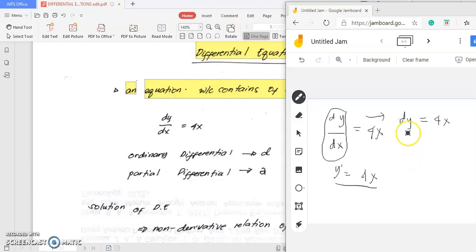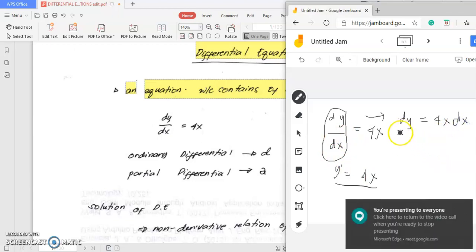Okay. So from here, differential equation is just the separation of those differentials and derivatives and combining them to the same variables. So in order to derive out, transpose this one to the other side. This is division. When you transpose, you have dx.